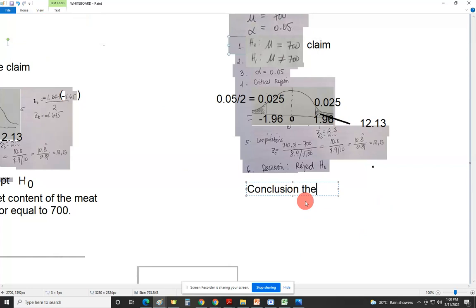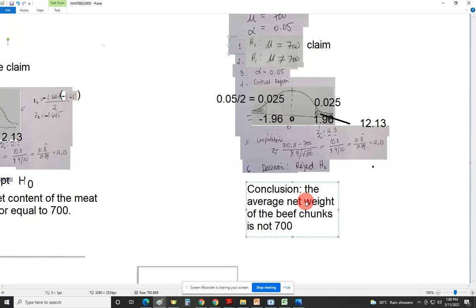the average net weight of the beef chunks is not 700 grams.